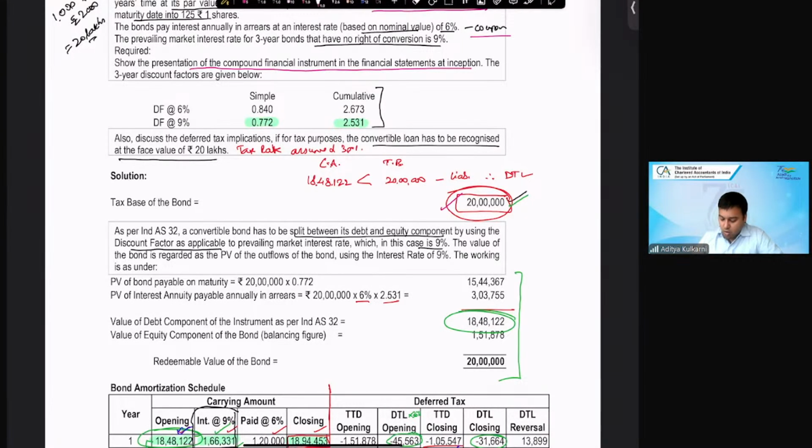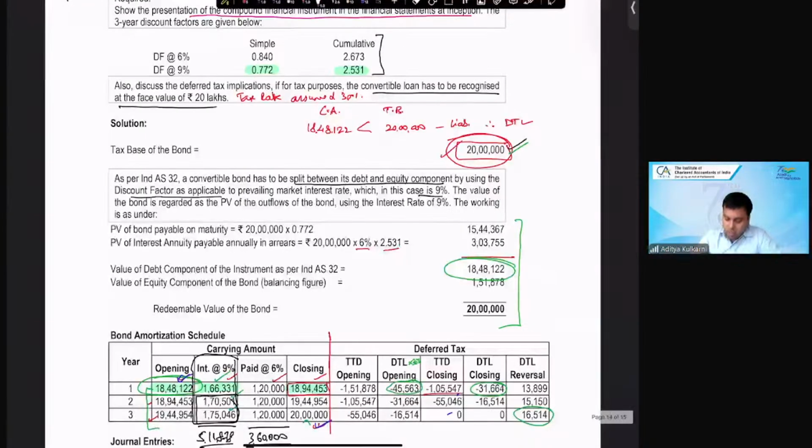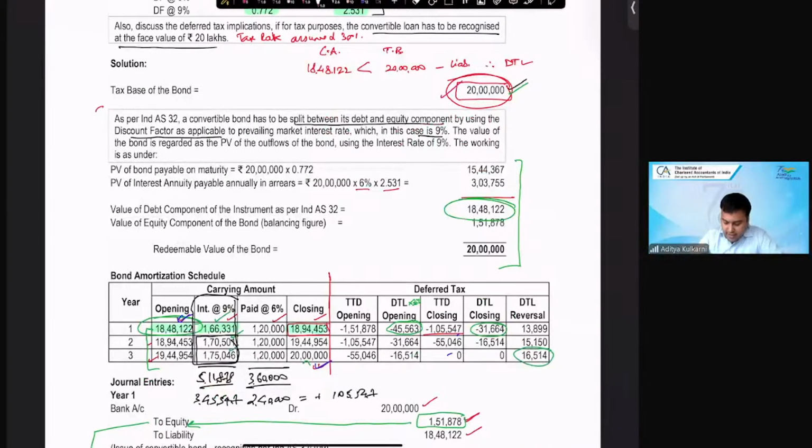Yes, sir. So what I want you to do is, I want you to understand this working. You have already done it before. Sir, please explain. See, I will explain the mechanical calculation. Why do we do that, that reasoning is very long. It will take another 2 hours for me if I have to explain why we do this.